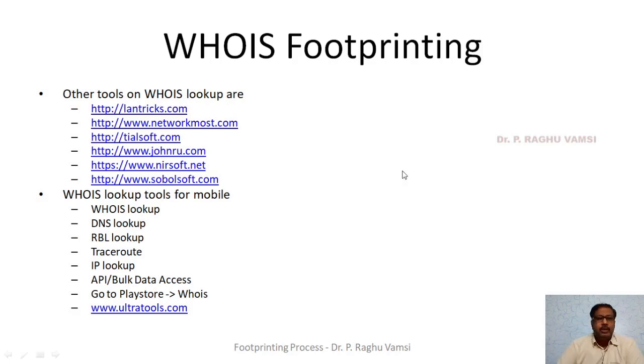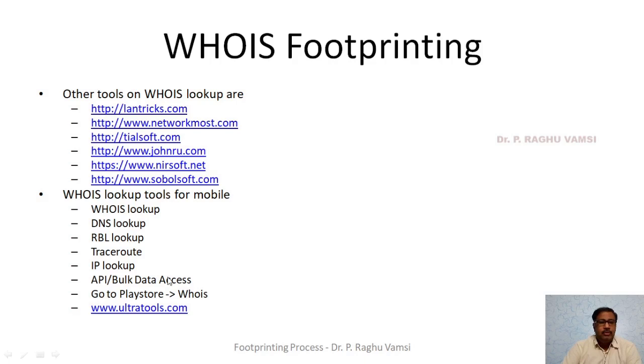So here, we have seen WHOIS Lookup so far with the help of these websites. Actually, WHOIS Lookup tools are also available for mobile, such as WHOIS Lookup, DNS Lookup, RBL Lookup, Traceroute, IP Lookup, and API bulk data access.